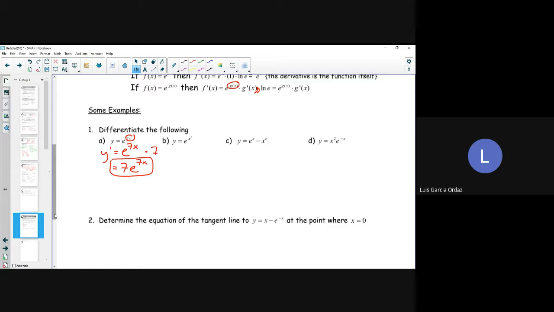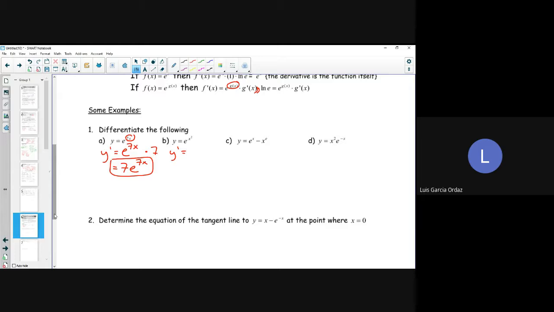Okay, so now with that same rule, what is my derivative for e to the power of x squared? E to the x squared, Muhammad.